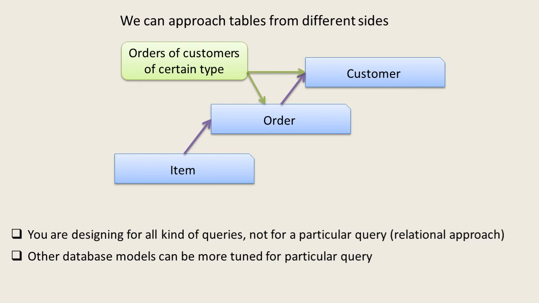They have a database structure which makes execution of some queries very easy and very performant, while some other queries may be difficult to execute against this structure. We are not going into details here, but it's just interesting to mention this difference. Within a relational database, you don't care that much about queries. With the other database models, you are more interested in what queries you're going to execute, and based on this, you may be picking your design solutions.